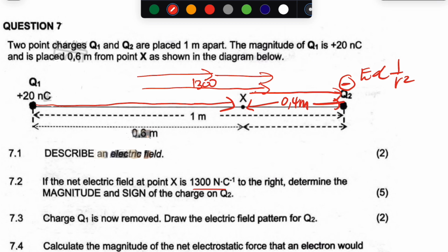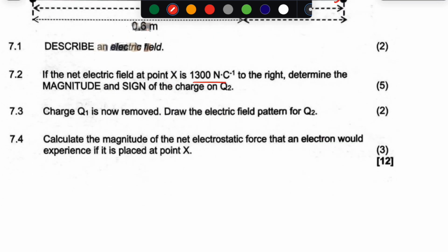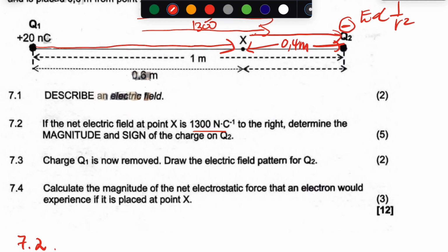Okay. Now, calculating the magnitude of the charge in 7.2, as I've mentioned, the direction first. Let's draw the free body diagram just to show you this.